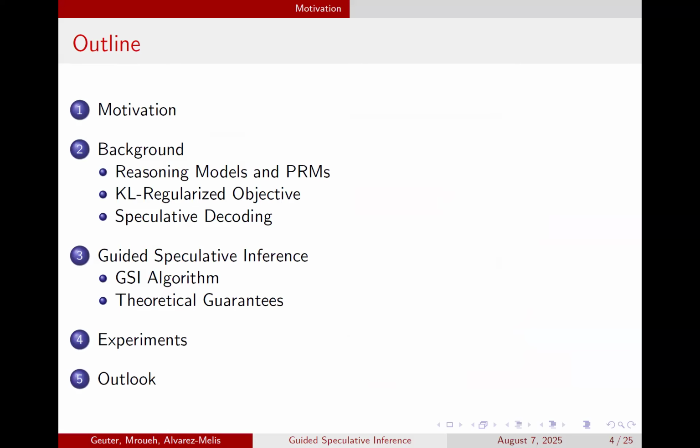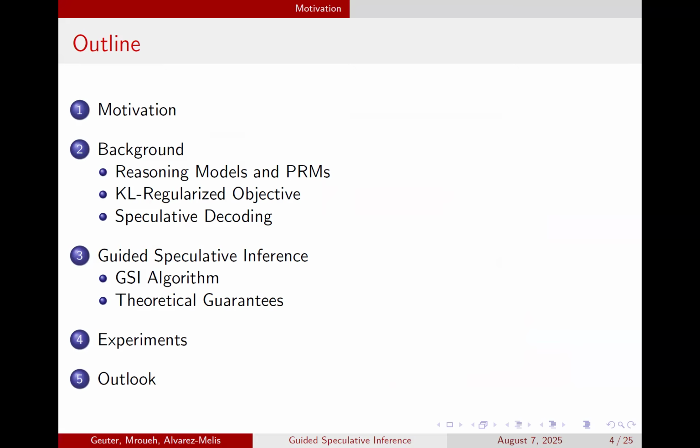Okay, so to give an outline of what I'll talk about, first, some background. I'll briefly talk about reasoning models and process reward models, PRMs, which is a certain type of reward model for LLMs, for those who are not familiar with that. I'll explain the KL regularized objective, which aligns the outputs of a language model to a given reward model.